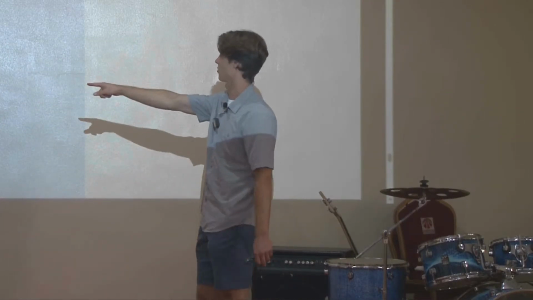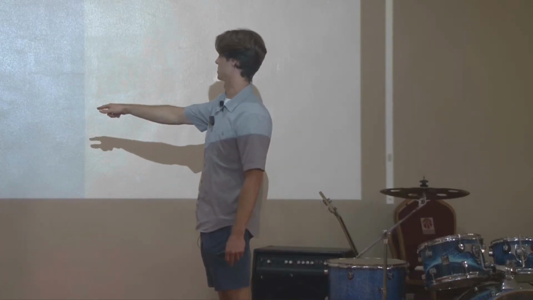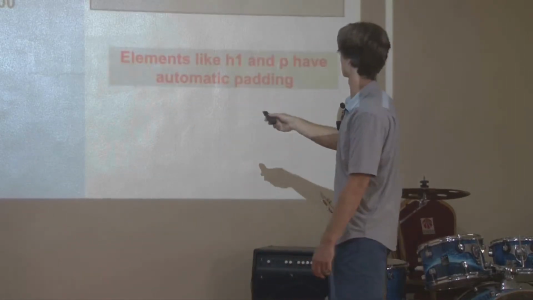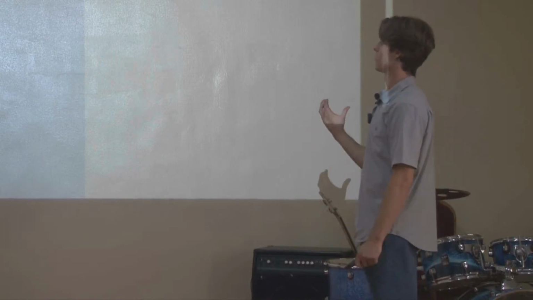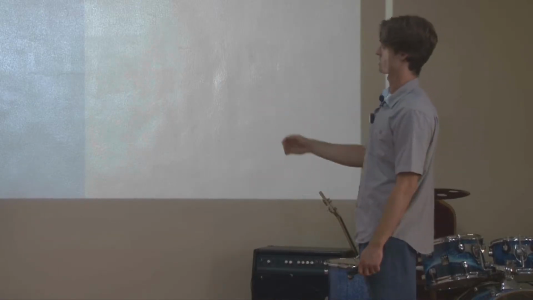And then you can see that with my paragraph element, I changed the margin from the top to 0 pixels. So for both, I got rid of it. And now you can see that compared to this, where there's a whole bunch of space between them, now they're right next to each other. And so you can manually override the automatic padding and automatic margins by going into your CSS and changing those styles. Does that make sense?